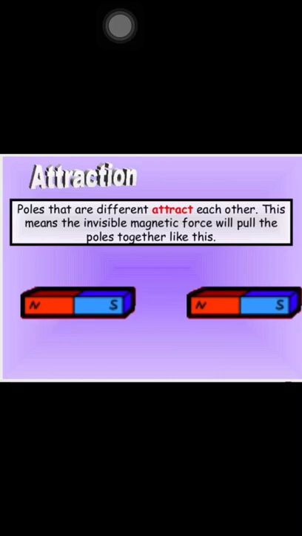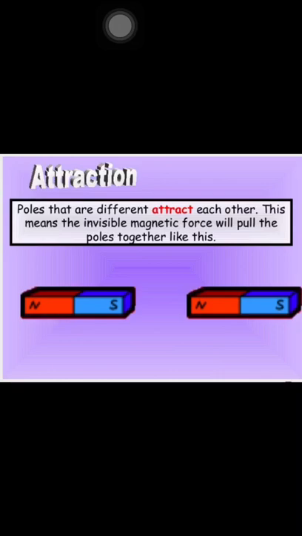Now the question is, what is attraction? Attraction is present between unlike poles, that is, different poles attract each other. This means the invisible magnetic force will pull the poles together like this. Here you can see two bar magnets having a north pole and south pole.